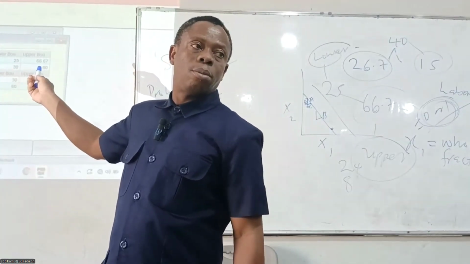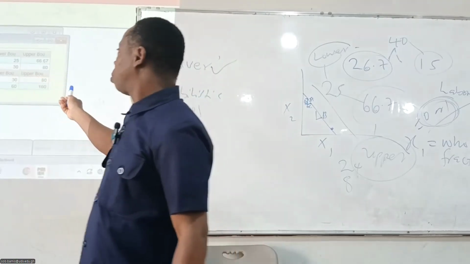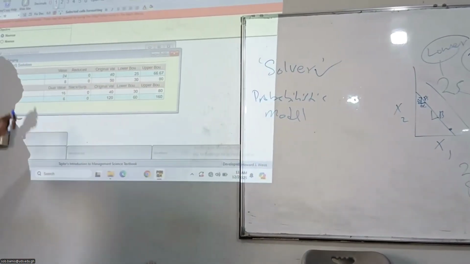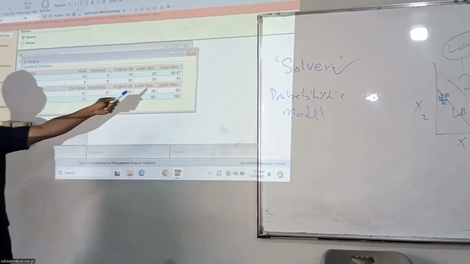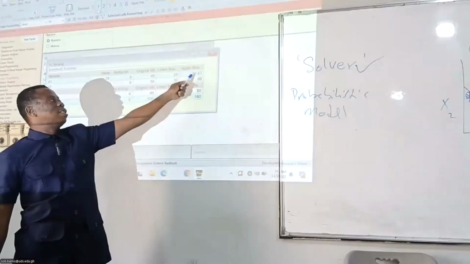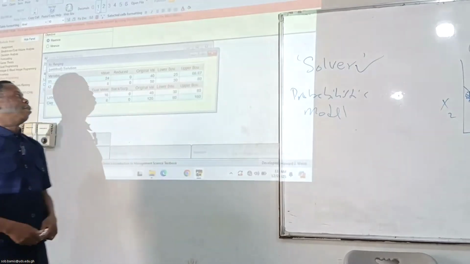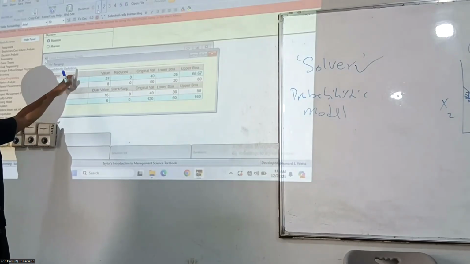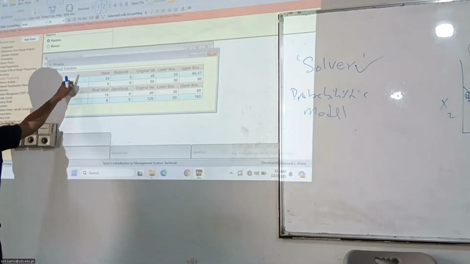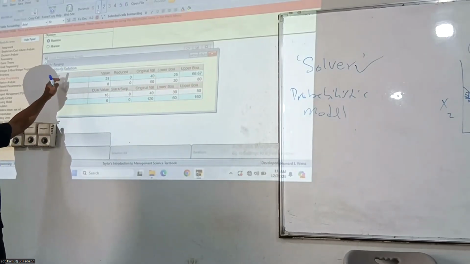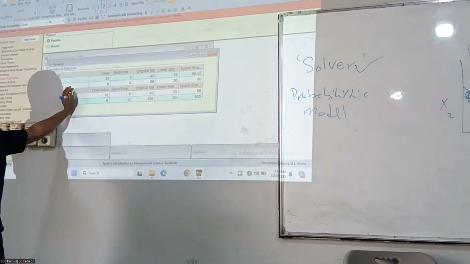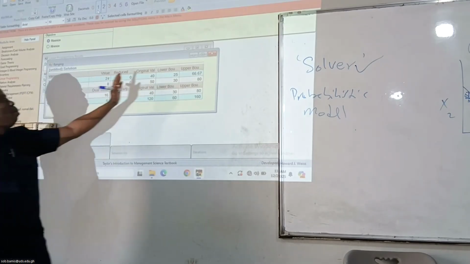If you take labor, we found the upper bound to be what? 66.67. And the lower bound to be 25. So this one gives you the exact boundaries. Unlike the solver, which gives you allowable increase and what? Allowable decrease. That's just the difference. This one will give you the boundary values.